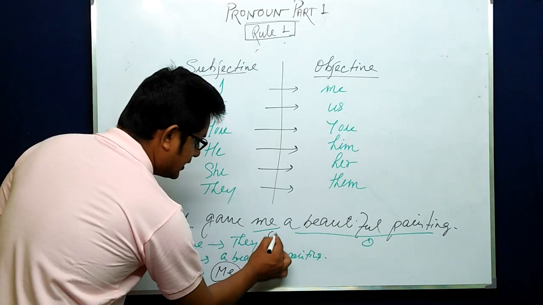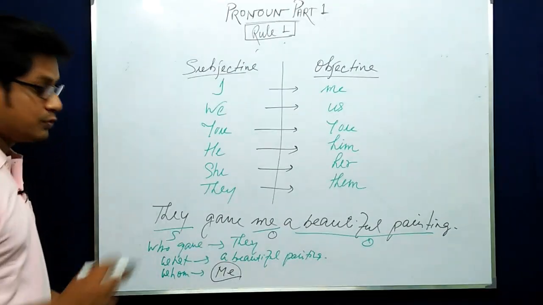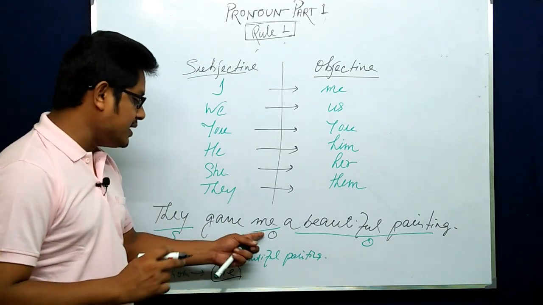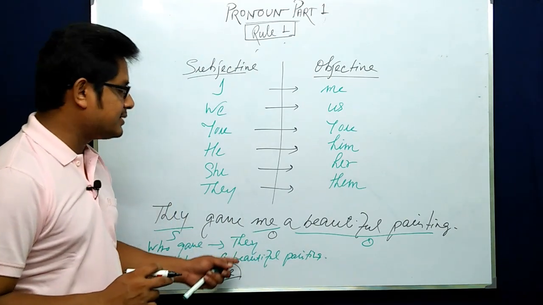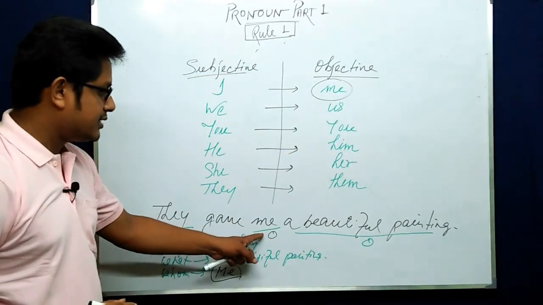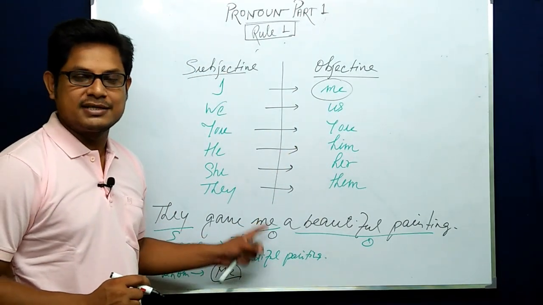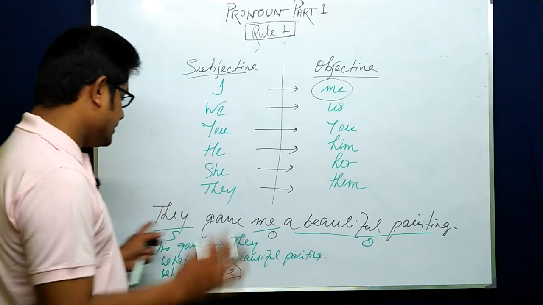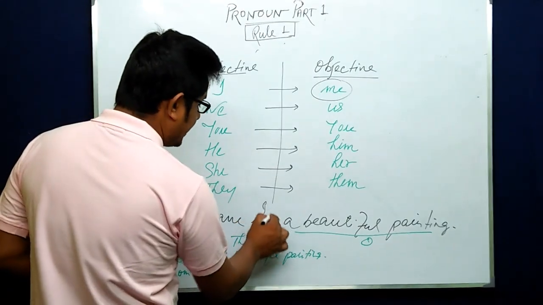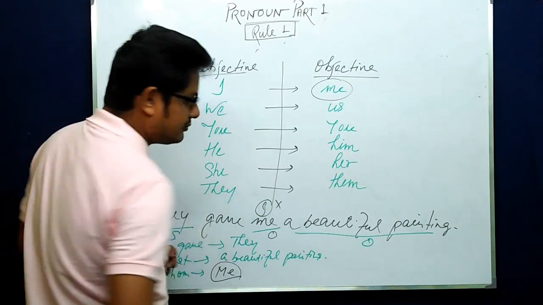Clear? So we have two objects, me and a beautiful painting. As me is an object in this sentence, and at the same time I said that me is objective, this use in this sentence is completely right. If you had written they gave I, then it would be wrong.